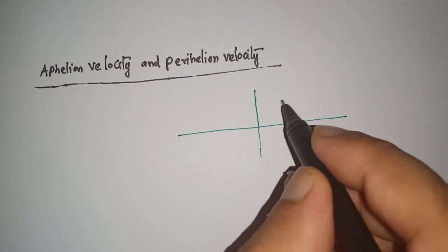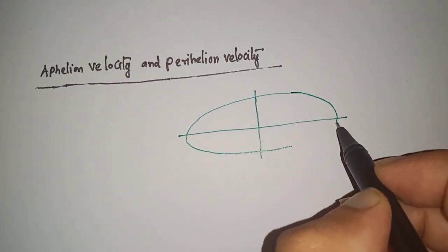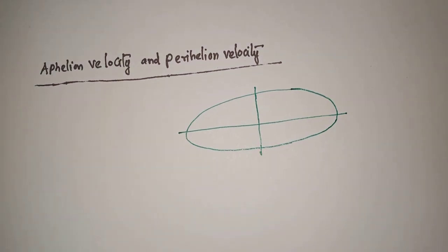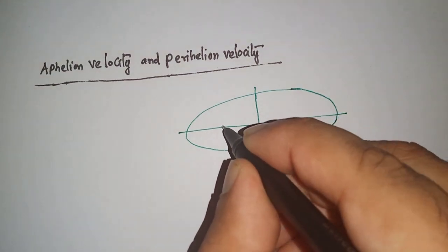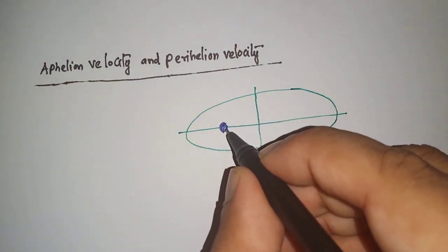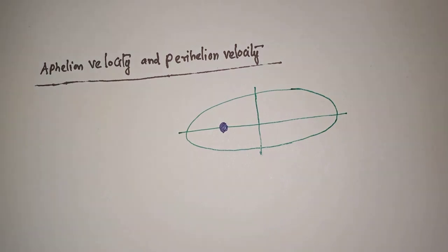Now, for this, we have an elliptical profile like this. Assume this is going to be my elliptical profile, and you can see here you have a reference mass. Let it be a big mass, placed at one focus, and this is going to be a vacant focus. And the planetary bodies.